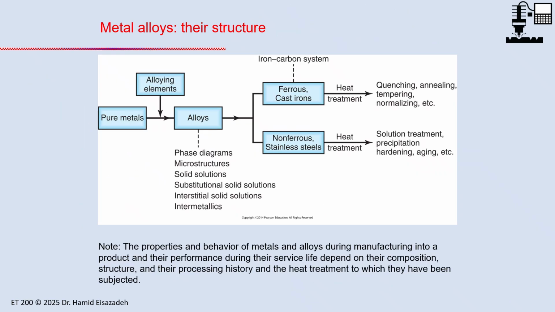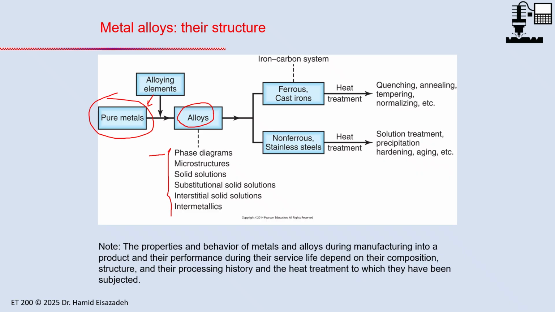We have very few cases where we use pure metals. Most often in industry, we use alloys, and alloys are a mix of alloying elements with a pure metal. If you want to understand alloys and their properties, we need to understand the phase diagram, the microstructure of alloys, and the solid solution, the different types of solid solution.